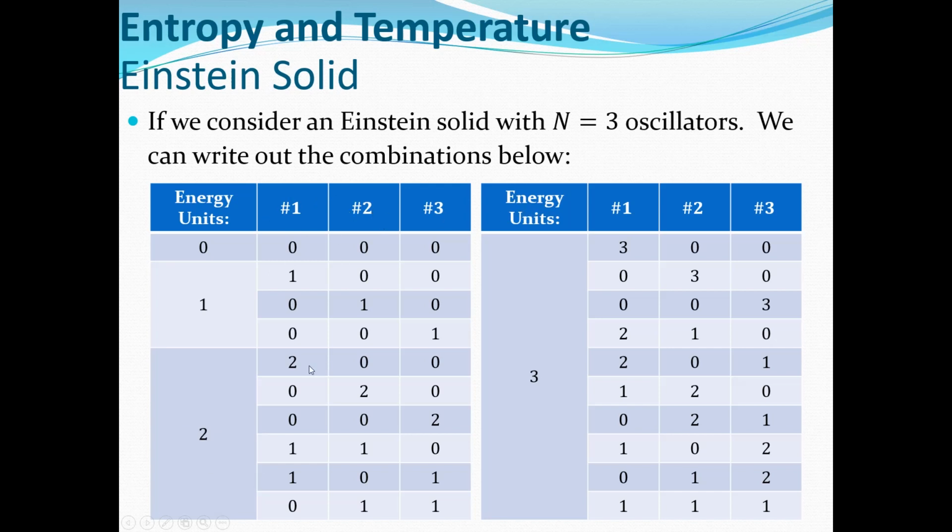We could have 2, which could be 2 in each one individually, or we can have 1 and 1: 1, 1, 0, 1, 0, 1, 1. And then 3 energy units, basically repeating the same thing we just did. So from here, just like we did before, we can come up with an equation for the total available states possible based off of how many energy units we have and the number of particles we have.